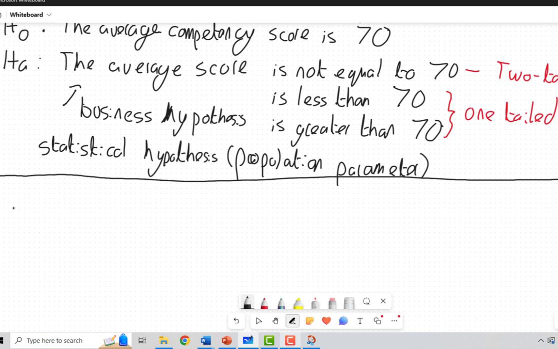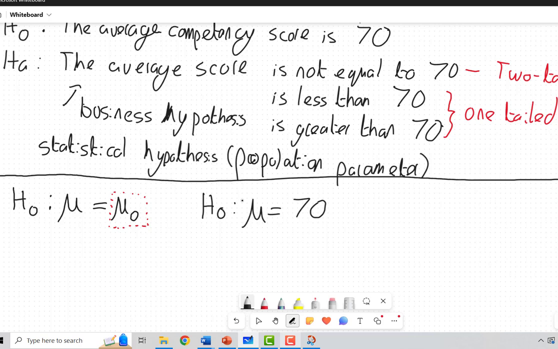And so our null hypothesis is mu equals mu0, our hypothesized value in these tests. And in this case, mu0 would be 70. So we would have H0: mu equals 70.